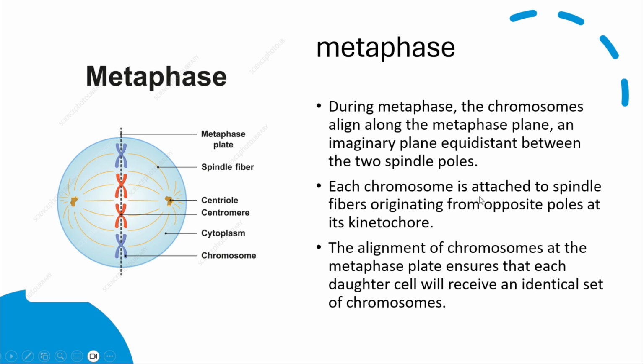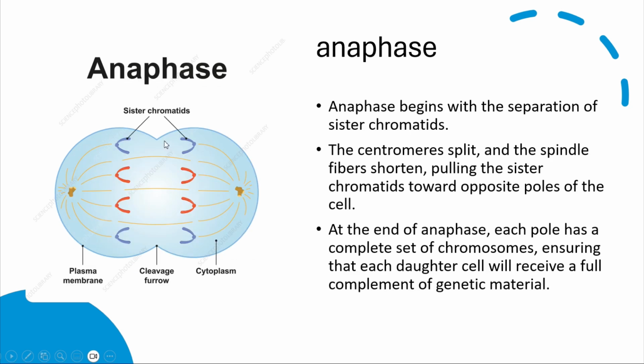Each chromosome is attached to spindle fibers originating from opposite poles at the kinetochore, yeah. That's a bit of overkill there. The alignment of chromosomes at the metaphase plate ensures that each daughter cell will receive an identical set of chromosomes. So all you need to know here is that it attaches to the spindle fibers, the centrioles, it meets in the middle, and that's really it. Middle for metaphase, you get me?